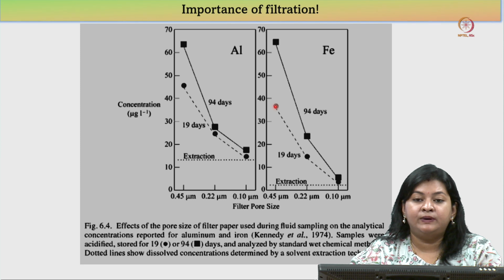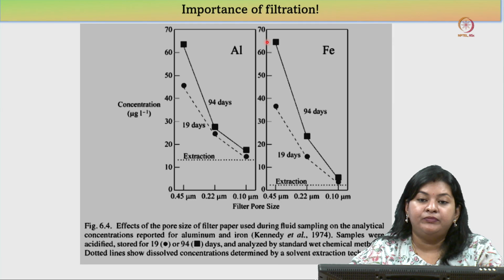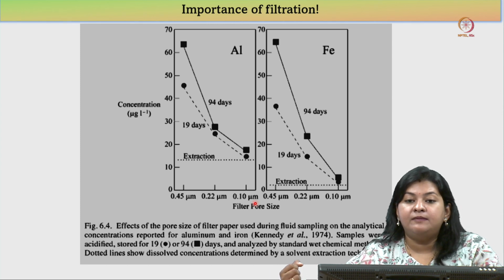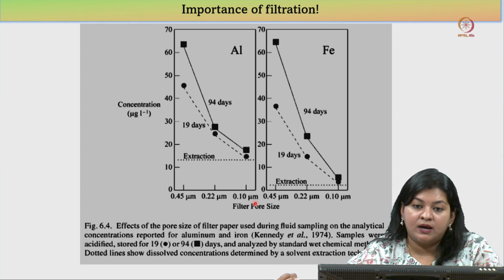Initially, when the first analysis was done after 19 days, the value was 36 or 37, but after 94 days it was considerably high. It was quite close to double the initial value, around 64 or 65 microgram per liter. And as we lower the filter pore size, the finer particles are not allowed to pass through.